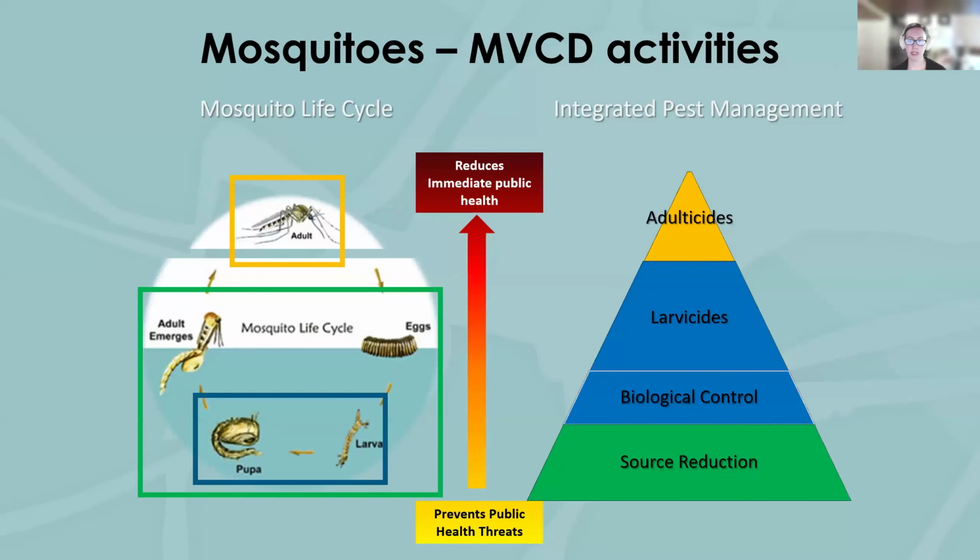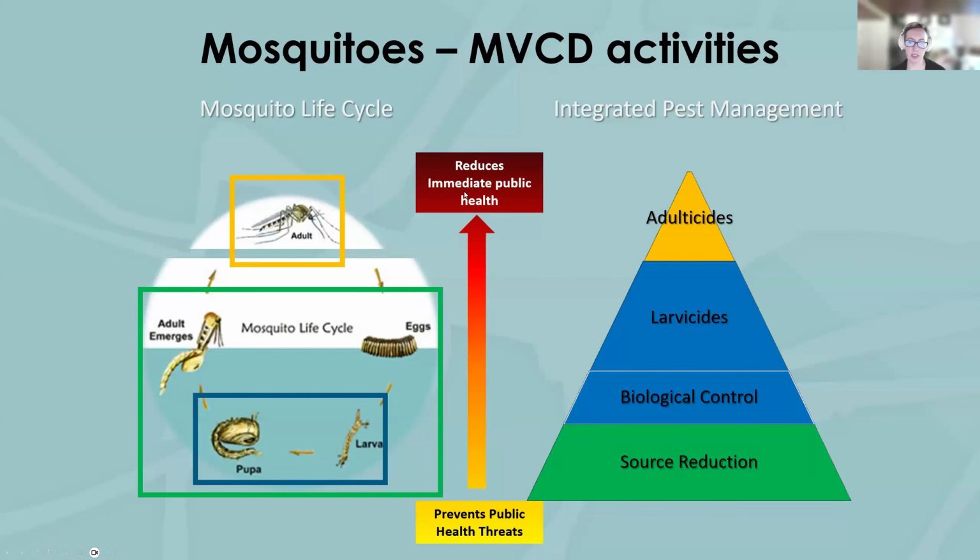So we like to think of our mosquito and vector control activities in terms of this triangle. At the bottom is source reduction, which means removing the potential for mosquitoes to develop. And we have a corresponding green box over here showing what stages we're targeting with that. So source reduction could be something as simple as dumping out a bucket in your backyard. All the way up the triangle, we move through biological control, larval control, finally to adult control.